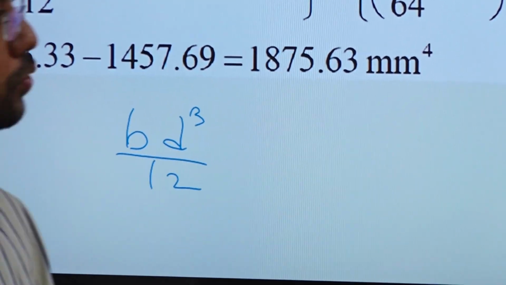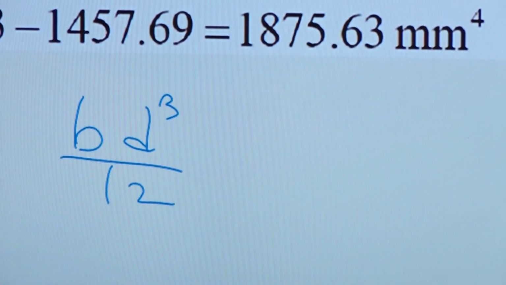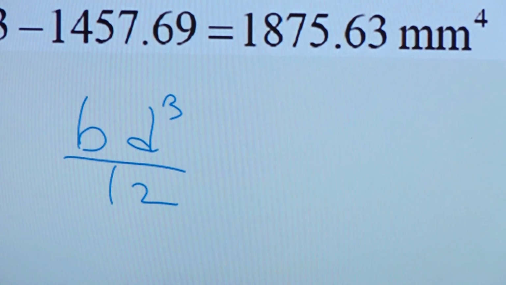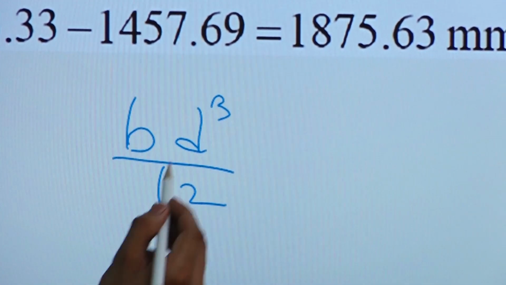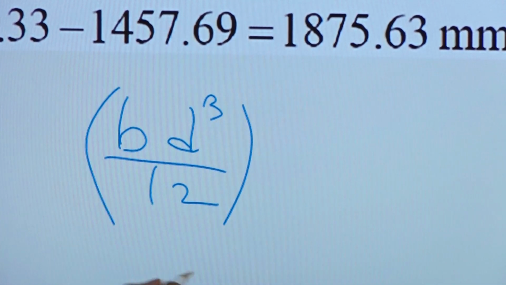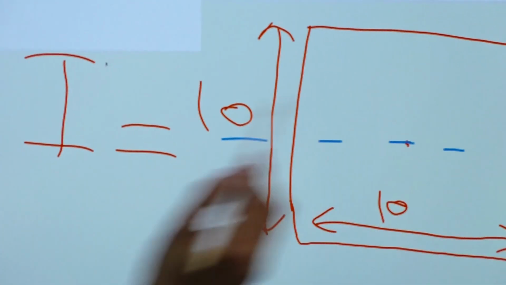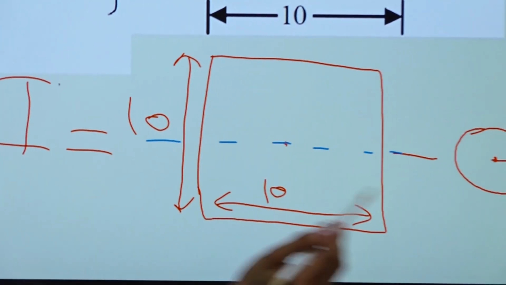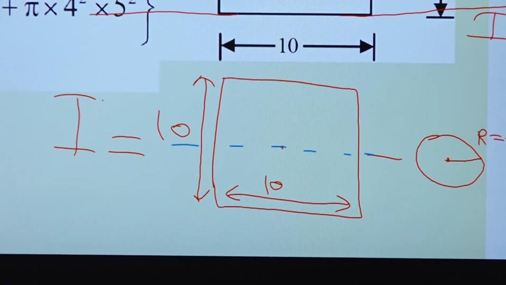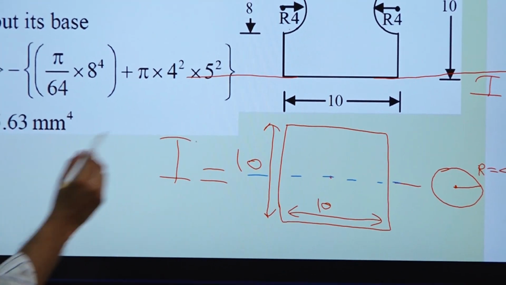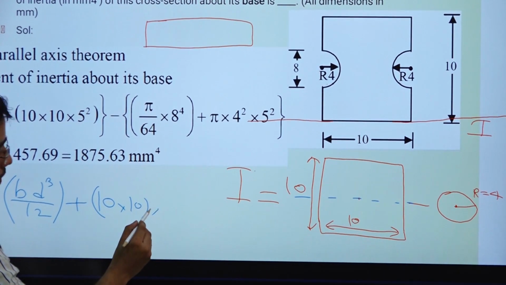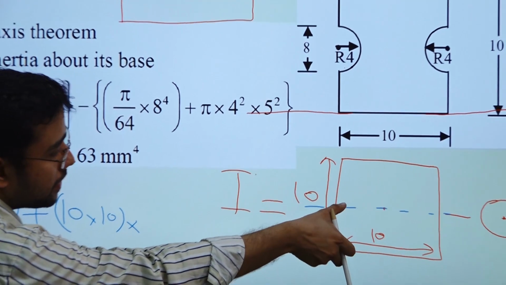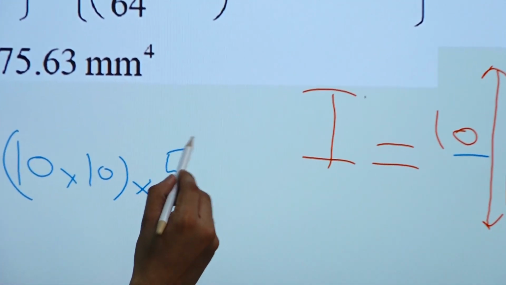I think you must be using it everywhere, like in design of transmission systems, strength of materials and fluid mechanics, you are using the same formula multiple times, right? So it is about the central line, but we have to find it about the base. So we have to add A R square. The area of this lamina is 10 into 10 multiplied by this distance 5 square.